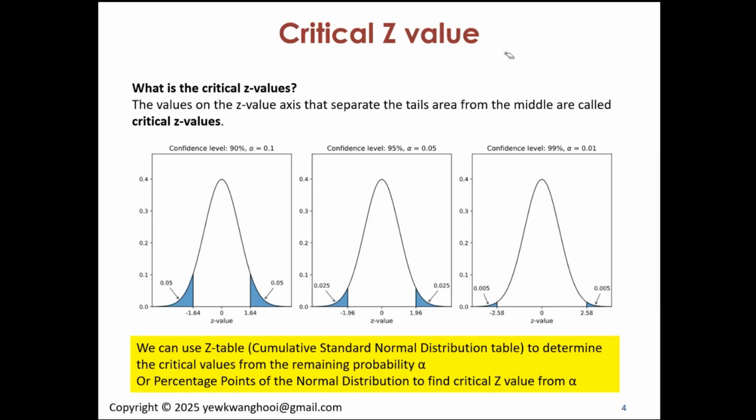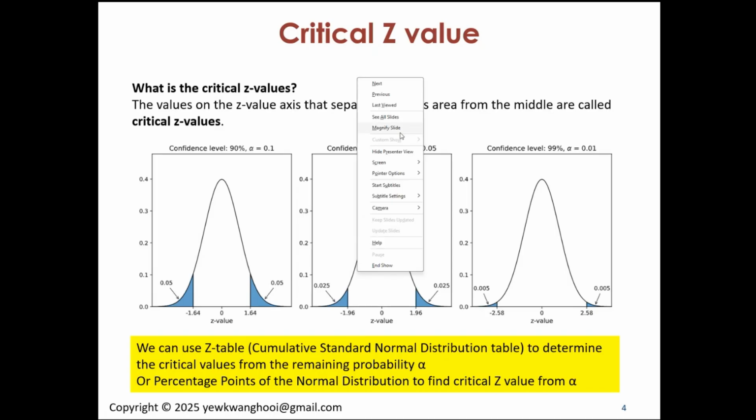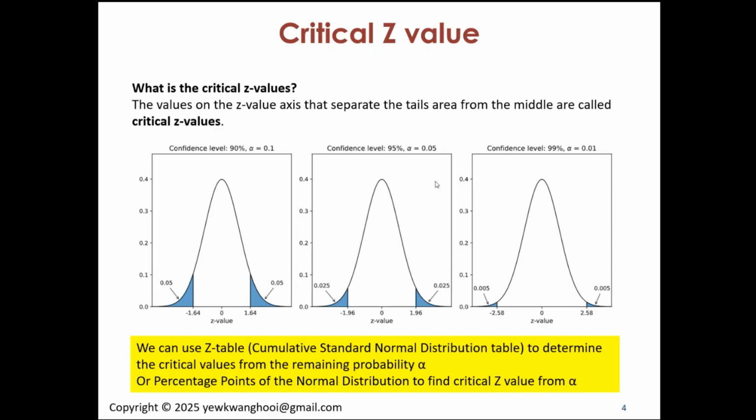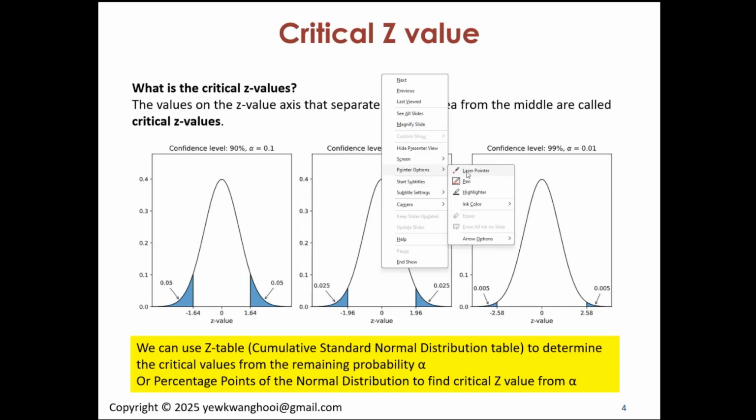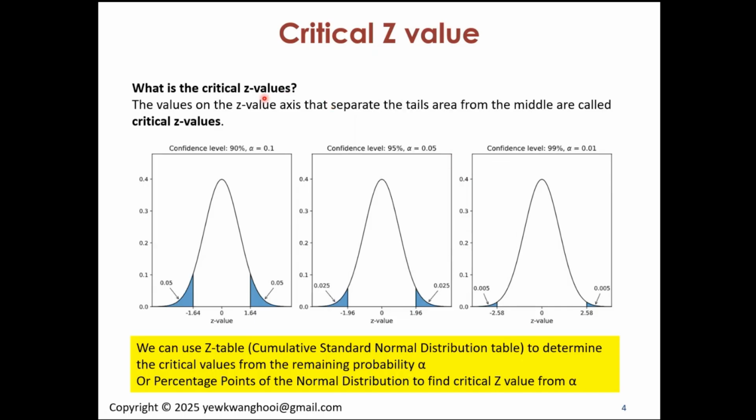Whether the sample represents the population proportion or not, we need to find out the critical Z value. So critical Z value is used for comparison with the value that we want to study. Okay. Let's look at, so what is the critical value?